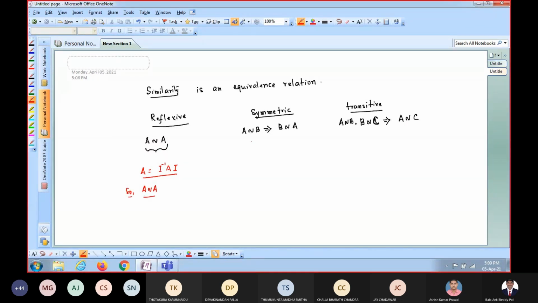Next one, if I take A is similar to B. A is similar to B means by definition there exists an invertible matrix, say P, such that B is equal to P inverse AP. Now what I do?